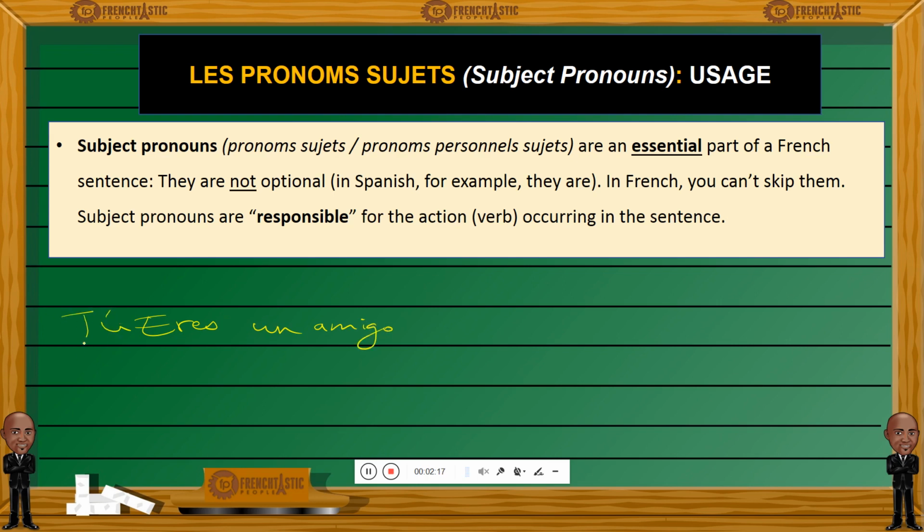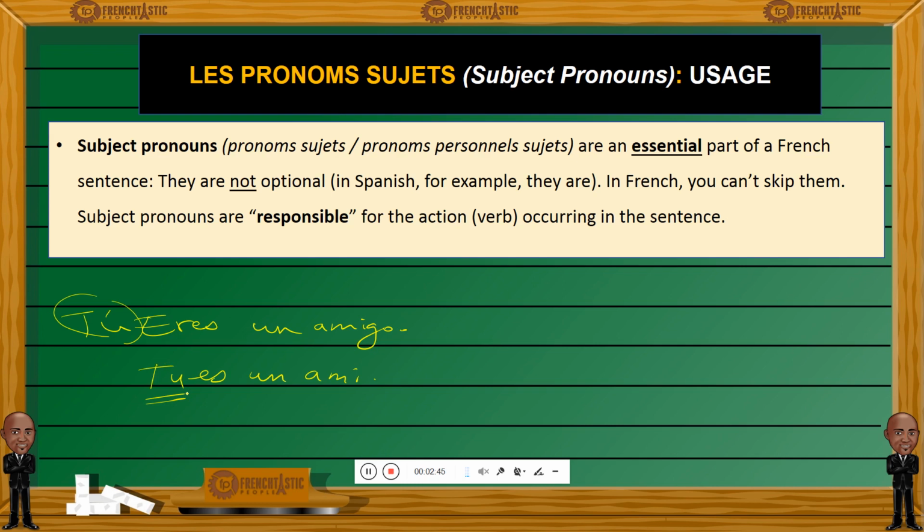The tú is omitted, and the sentence is perfectly fine. However, in French, you can't just say, es un ami. That won't work in French. You need to have the subject pronoun tu. Tu es un ami, you are a friend. So keep this in mind for those of you who are Spanish speakers or Italian speakers. In French, you need to have a subject pronoun in the sentence.